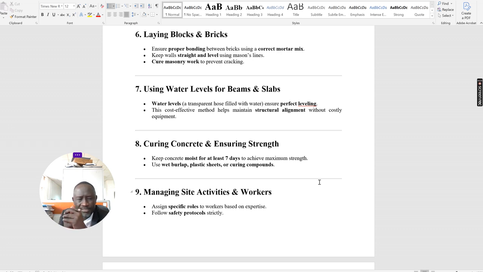Rigid pavements have a minimum period you need to attain for you to be comfortable that it can now carry some loads. But by default, a minimum of 7 days is okay to achieve maximum strength.